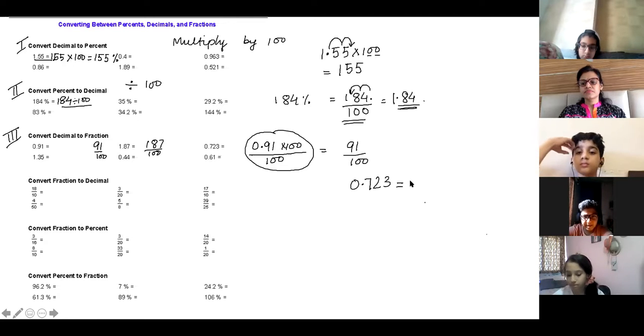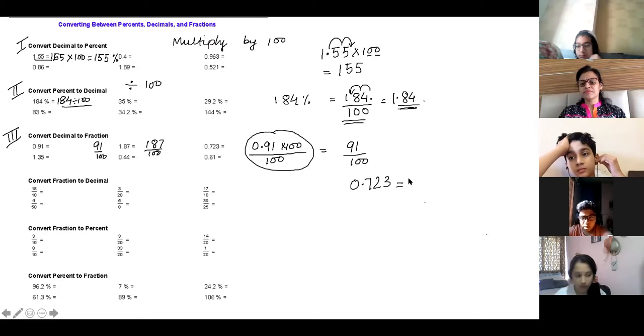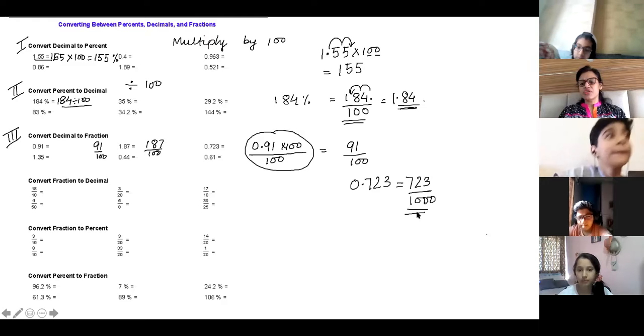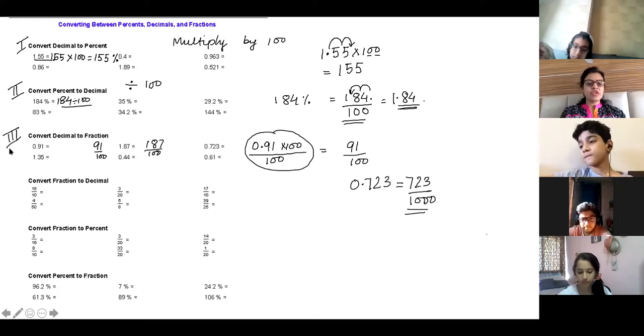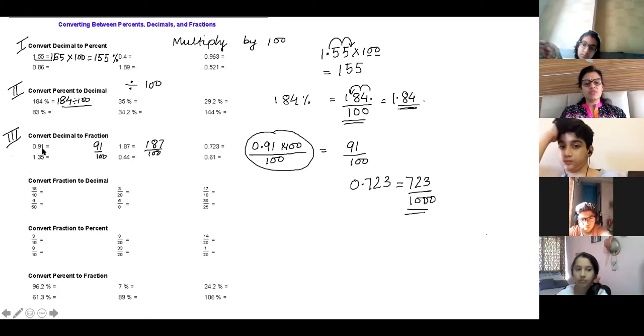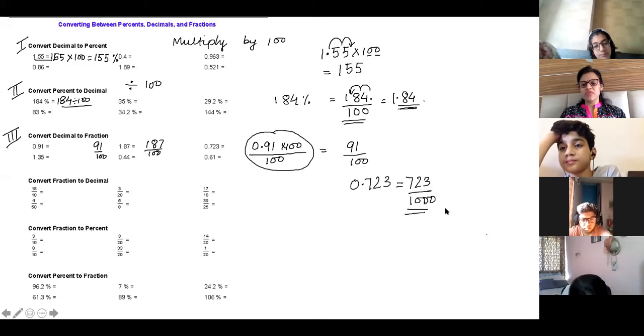So we will multiply by 1000. 723 upon 1000. Correct. So this is your fraction. You cannot do it in the lowest form. So this way you have to convert. So third question done, everyone. It is clear how to do. You just have to count the number of digits and divide by 100 or 1000, whatever it is. Here there are 3 digits. So 723 divided by 1000.